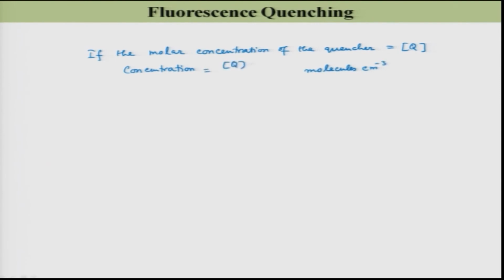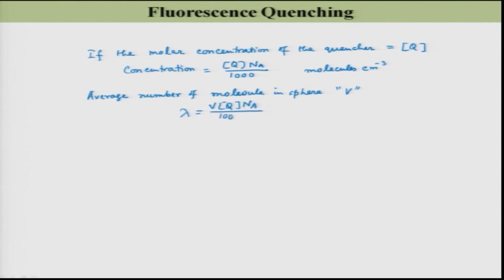This will be Q into Avogadro number divided by 1000. Right. So, that means the average number of molecules in a sphere of volume V, that lambda is equal to V Q Na divided by 1000.